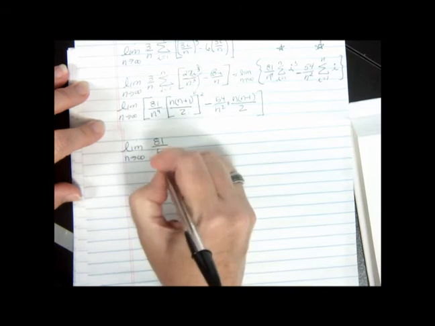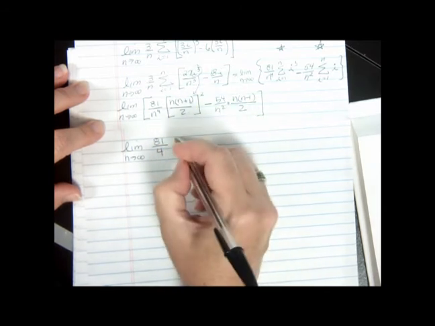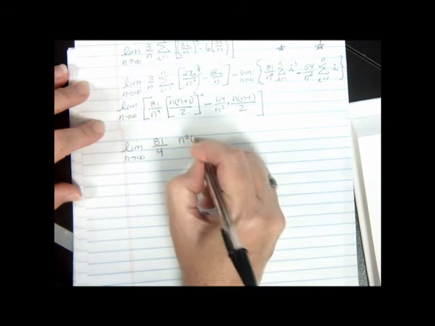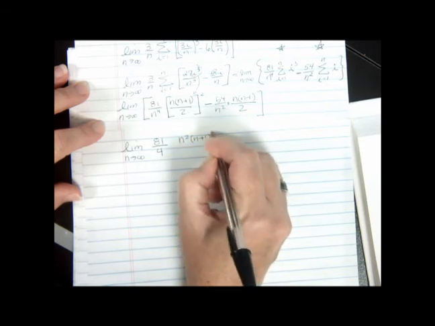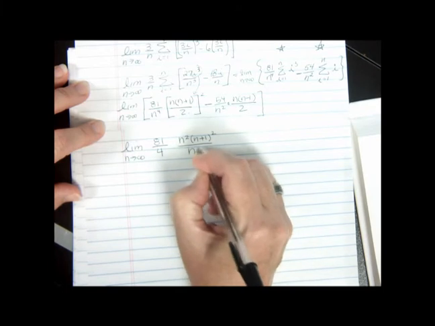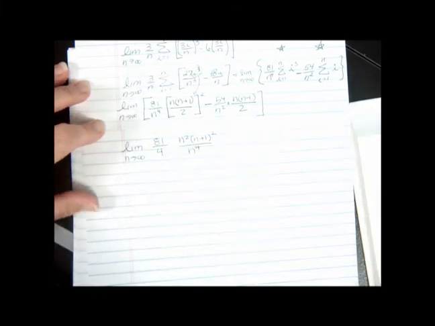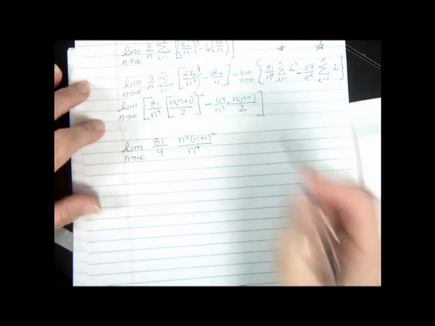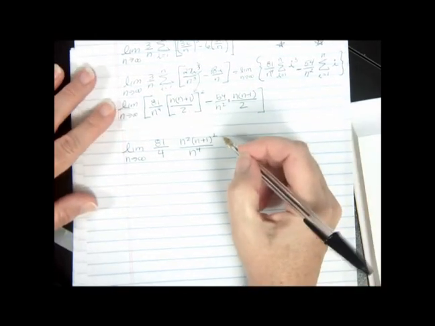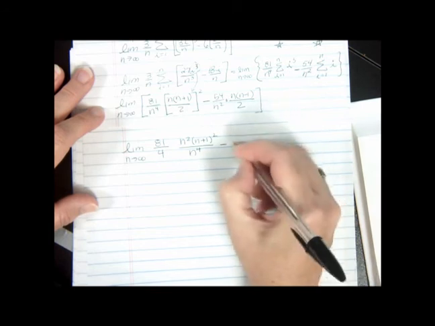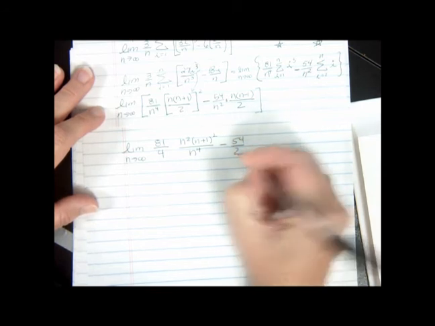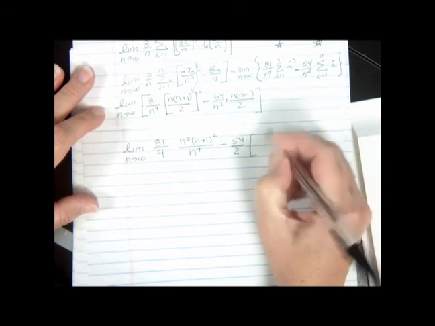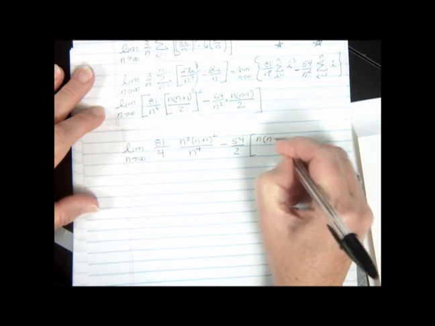Again, this is 2 squared. And then I have n squared times n plus 1 squared over n to the fourth. Now I do the same thing over here, and I have n times n minus 1 over n squared.